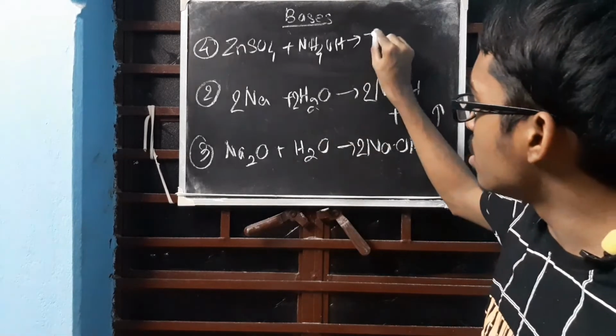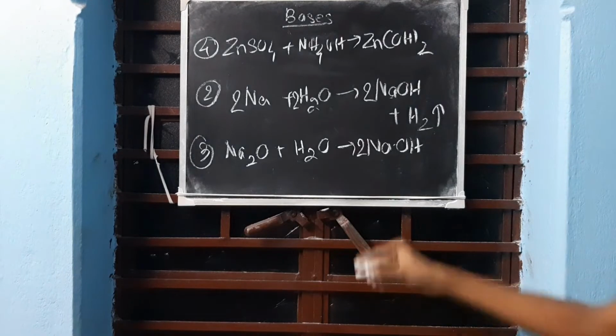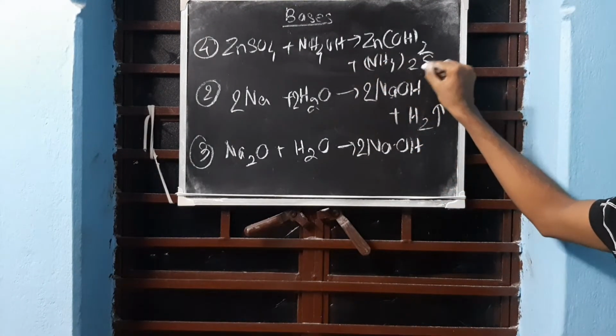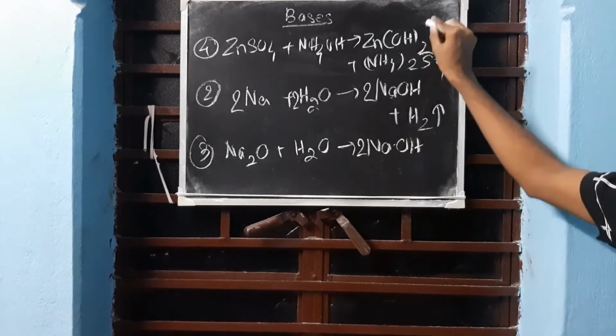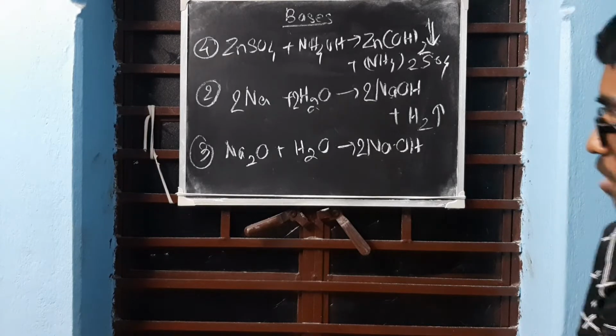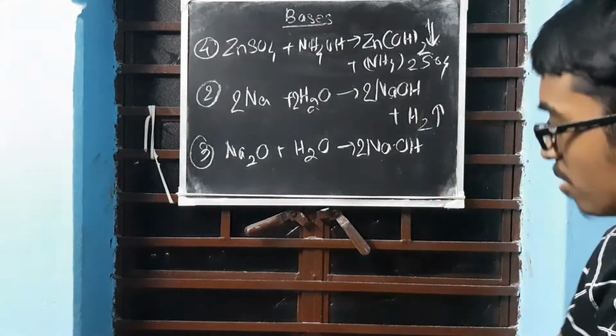So what will it form? Zn(OH)2 plus (NH4)2SO4. Right? This will be a precipitate. If you add excess, it will dissolve in it. If you had taken NaOH also, in case of a little, then the same precipitate would have formed.